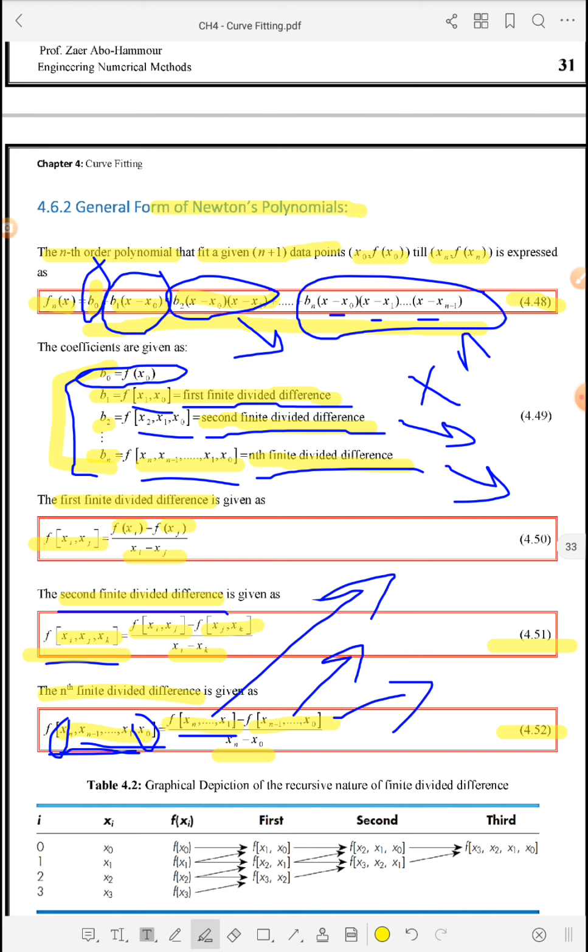The first of those first order ones will be this one, without xk, while the second one will be the divided difference from the last till the second, without the first. And in the denominator, we subtract the first node minus the last node. So this is the general procedure for how to calculate the divided difference of any order.